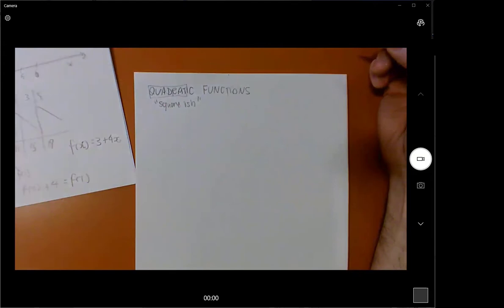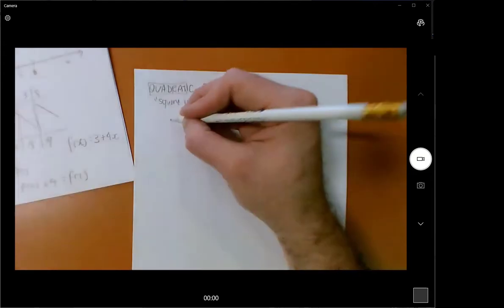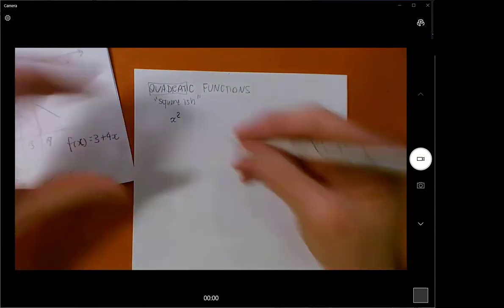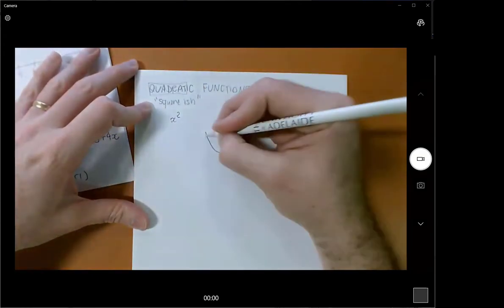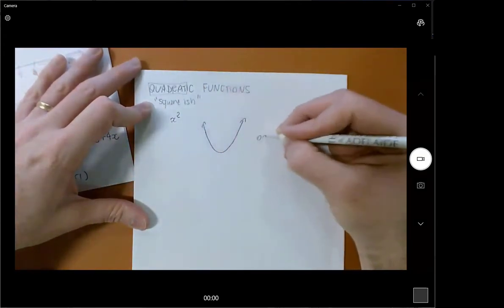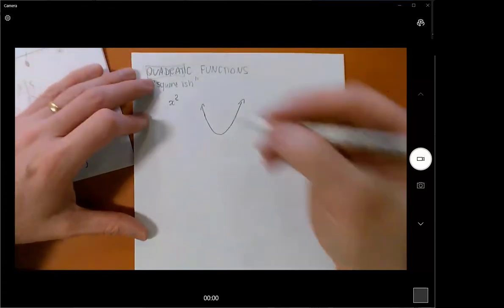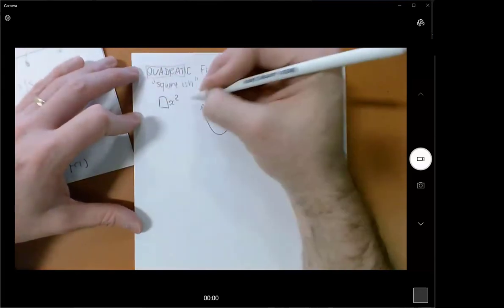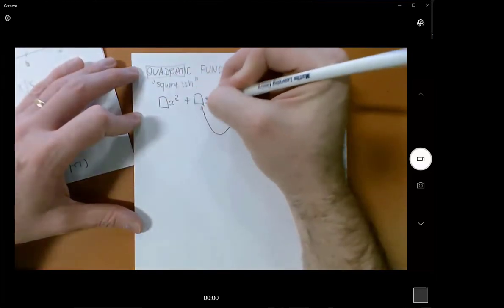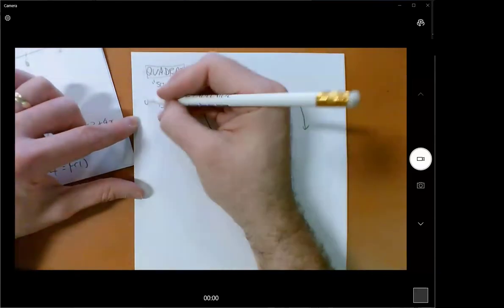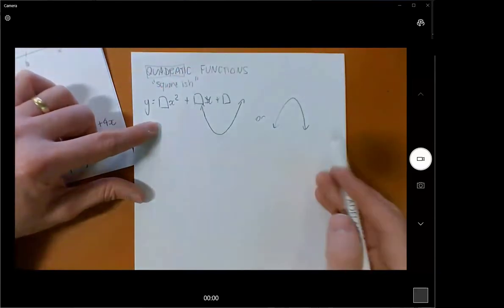And when it says square, what it means is it has an x squared in it. So a quadratic function has an x squared, and all quadratic functions are the same shape. It'll be something x squared plus something x plus something. That's what they'll look like. And all of them will be the same shape, either this way or this way.